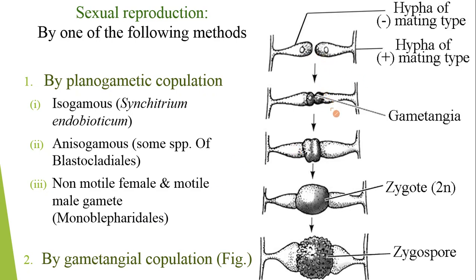We have read these types in the previous lecture, in which we studied the general reproduction in fungi. Here two mating types of hyphae come in contact, and the contents of both come into a single structure, and then a diploid zygote is formed and it may develop into a zygospore.